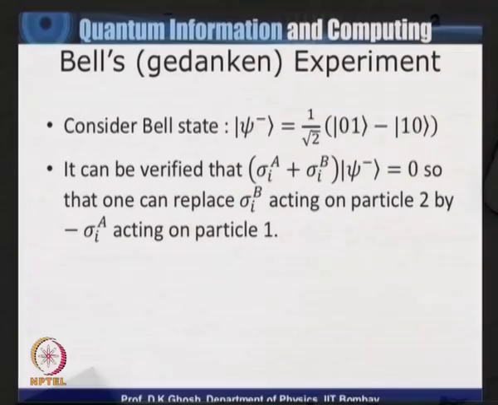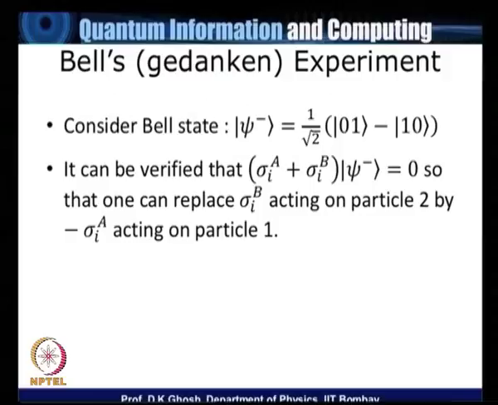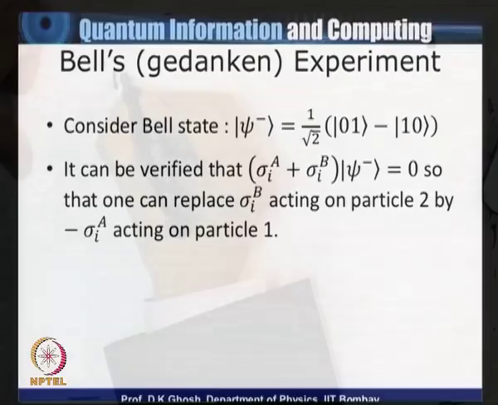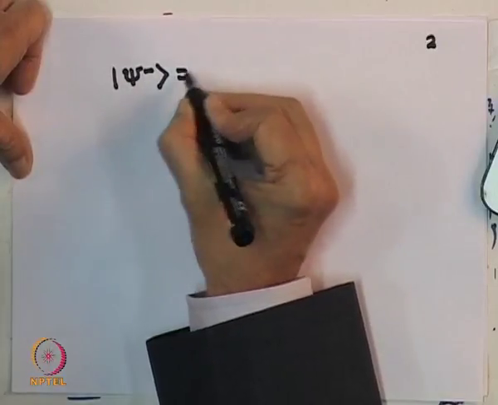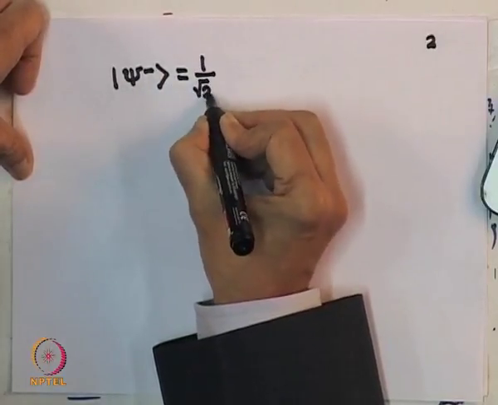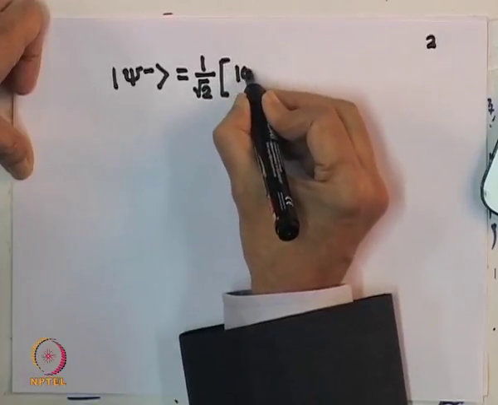Now we said that Bell made a gedanken experiment, and for that, let us consider the same state. Only thing is, I will not write it as up down minus down up, but as the state psi minus, one of the 4 Bell states, which is equal to 1 over square root of 2 (0 1 minus 1 0).